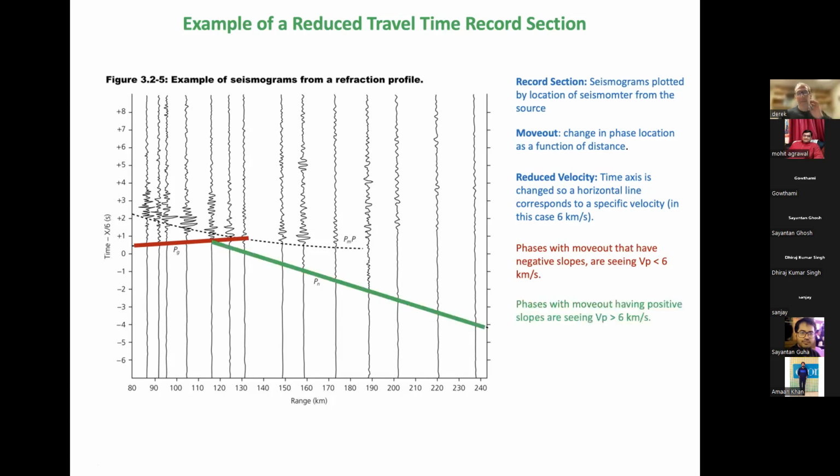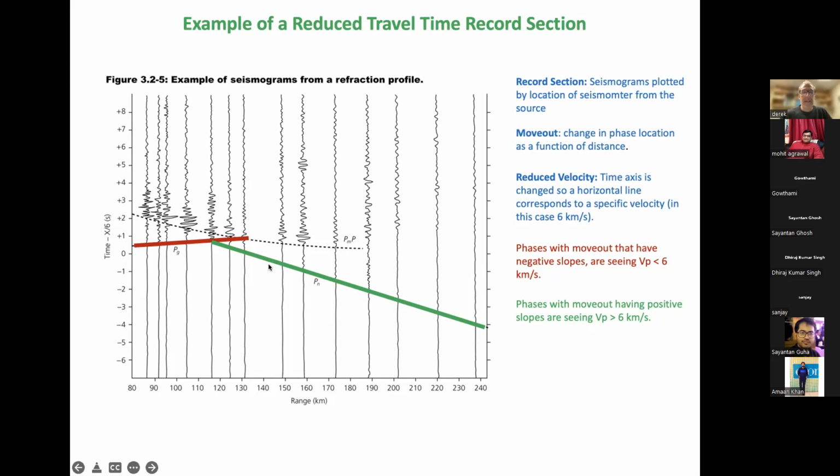And a phase with a move out having a positive slope is seeing a velocity greater than 6 kilometers per second. And this is typical of a PN wave. A PN wave is a head wave that travels at the base of the Moho. And typical PN velocities are between 7.8 and 8.2, 8.4 kilometers per second.